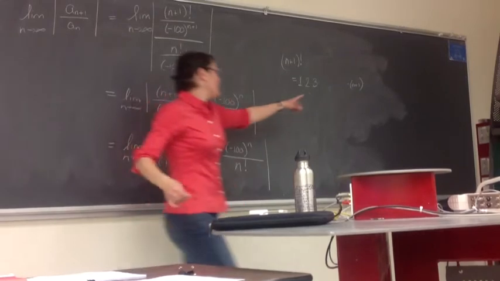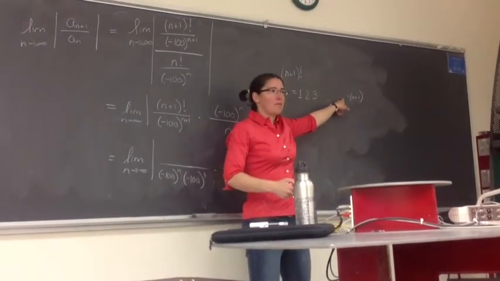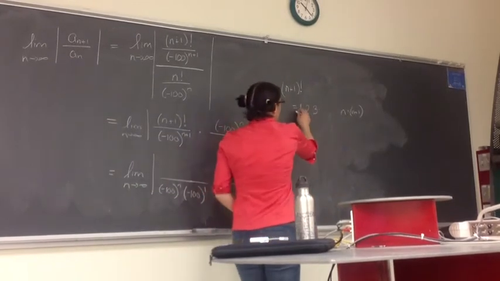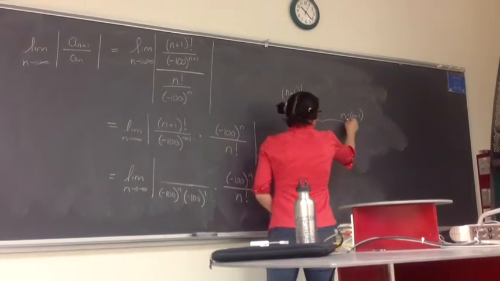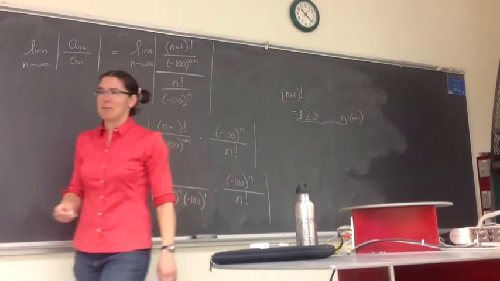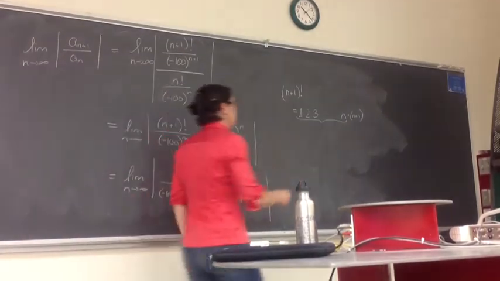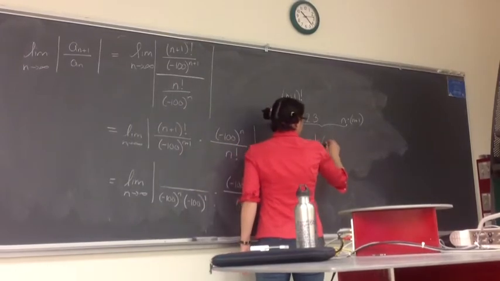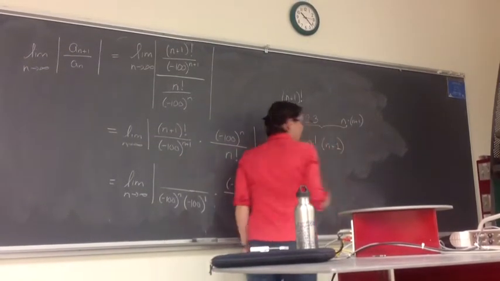Which means that the term right before that, one number less than n plus 1, is n. And so this whole beginning part, 1 times 2 times 3 times all the way up to n, is the same as n factorial. So I can rewrite n plus 1 factorial as n factorial times n plus 1.